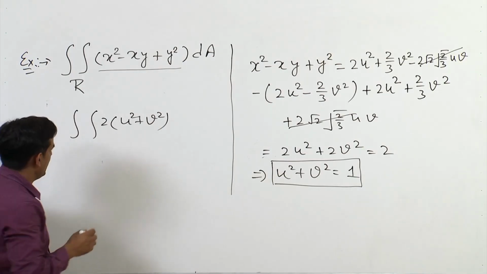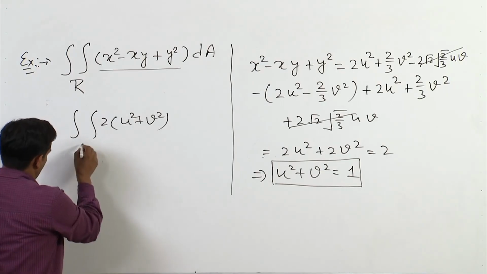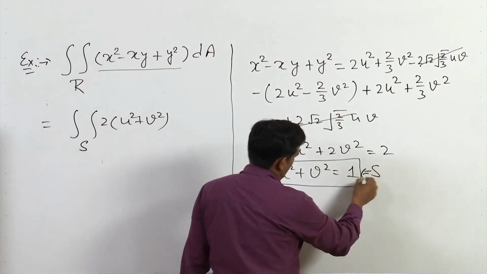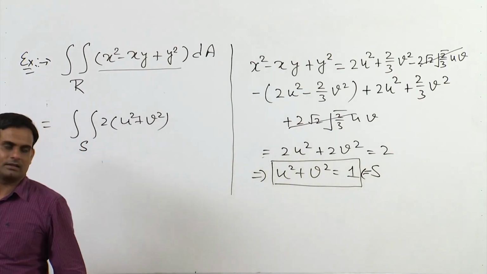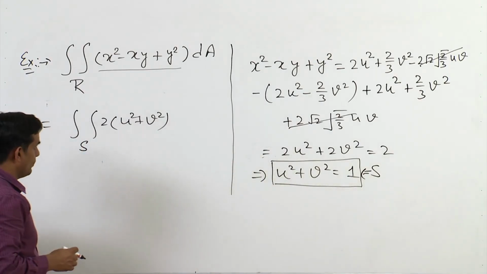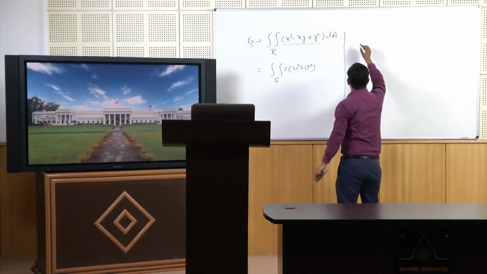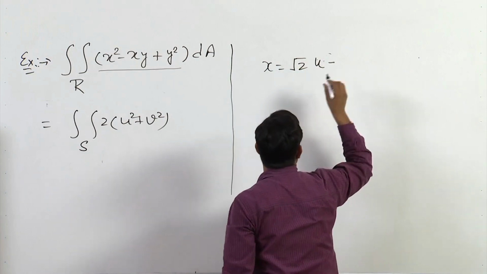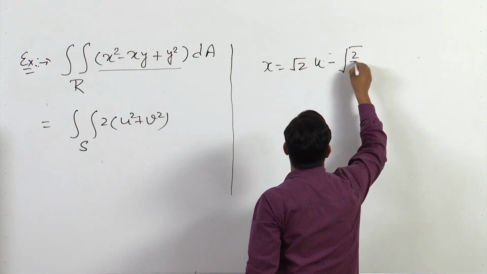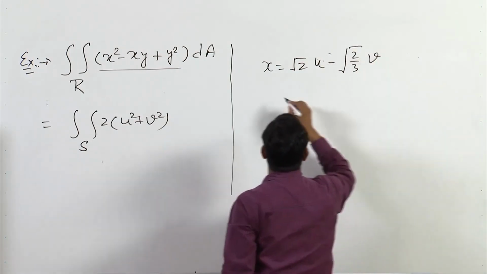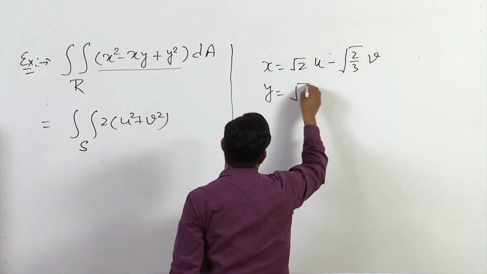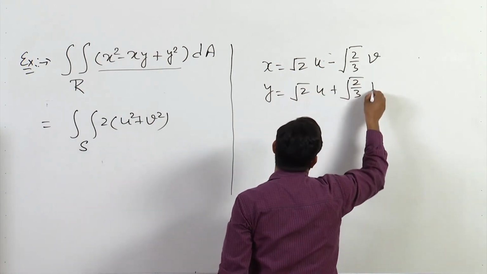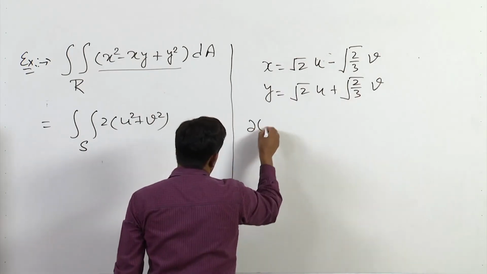The limit will become the new region S, where S is given by the circle of unit radius. So, now let me calculate the Jacobian. So, x is root 2 u minus root 2 by 3 v, and y is root 2 u plus root 2 by 3 v. So, del x y with respect to u v.